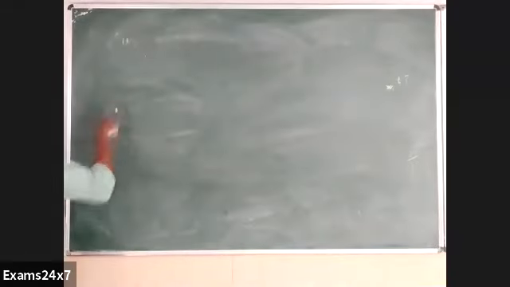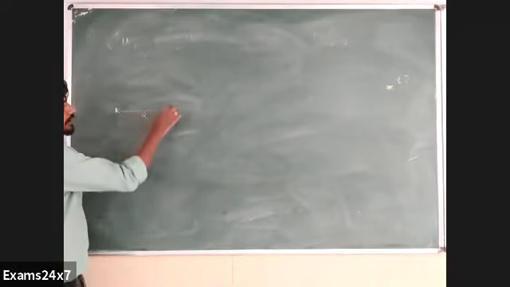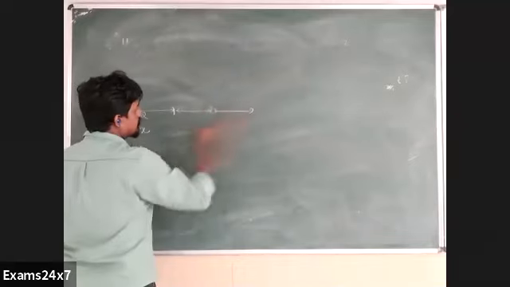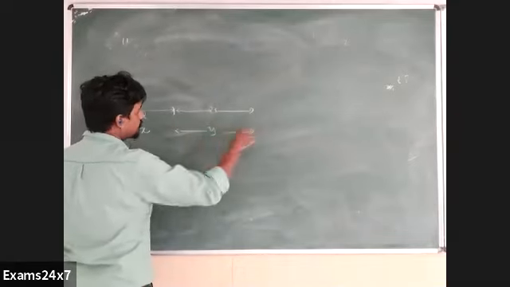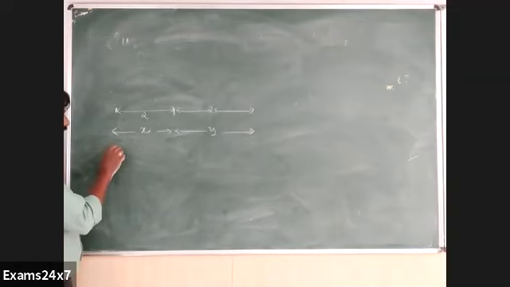Body starts from rest. Correct? In 2 seconds, it travels a distance x. You're telling that next 2 seconds, it travels a distance y. You need to find the ratio of x and y. So for first, u is 0.